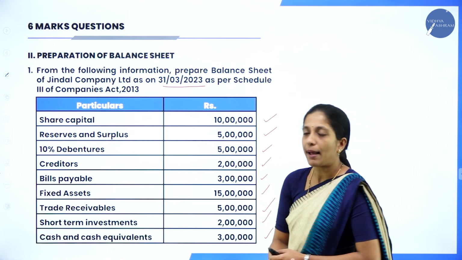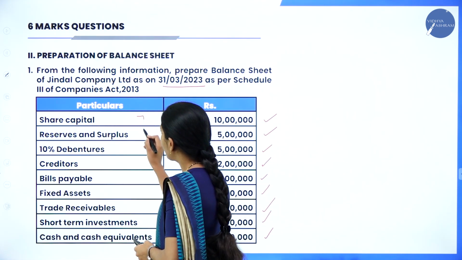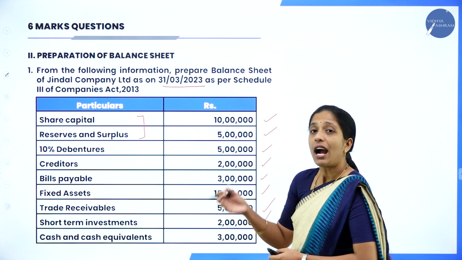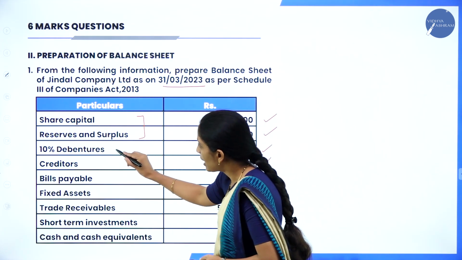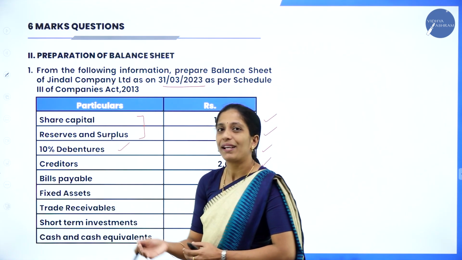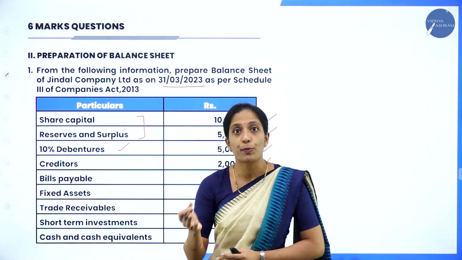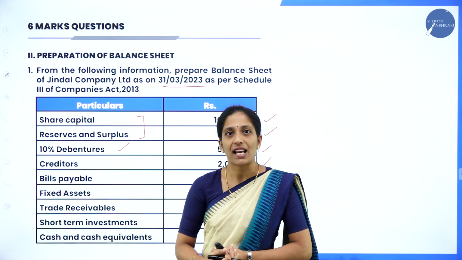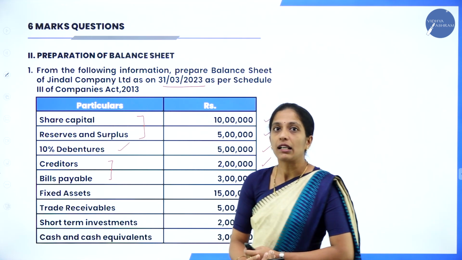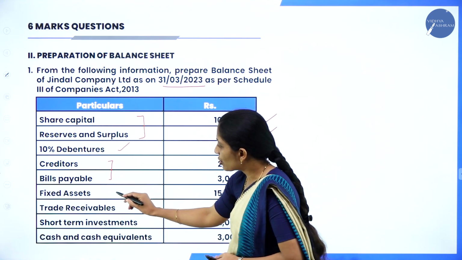Under equity and liabilities, we can write the first one, that is share capital. Next is reserves and surplus. Then non-current liability, that is 10% debentures. And current liability: here creditors and bills payable can be combined together, where we have to prepare a note as trade payables for these two. This comes under current liabilities. The next is non-current assets.